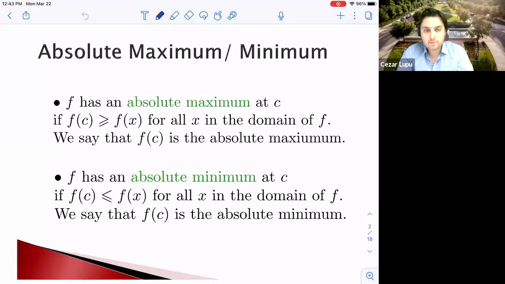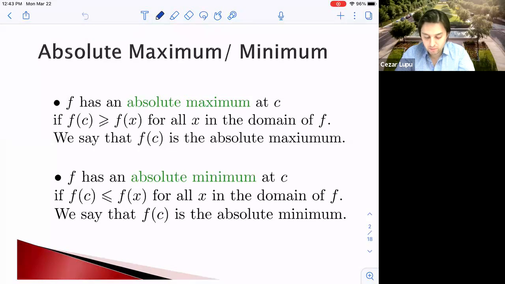We say that a function f has an absolute maximum at a point C, where C is a point in the domain of the function, if f of C, the value of f at that point C, is greater or equal than f of x for all x in the domain of f.